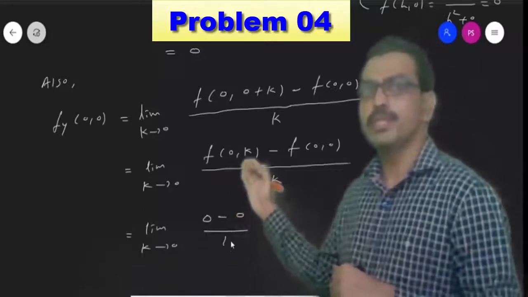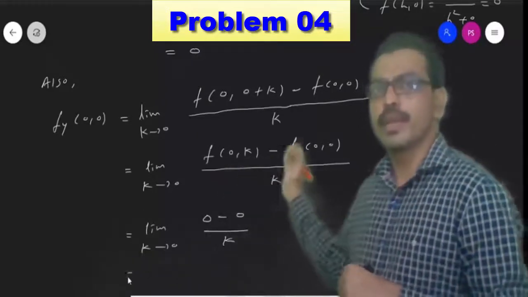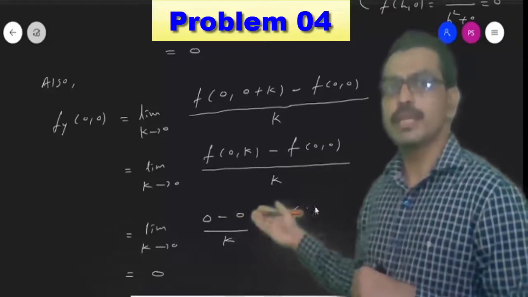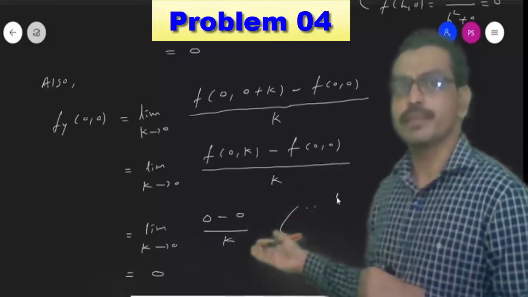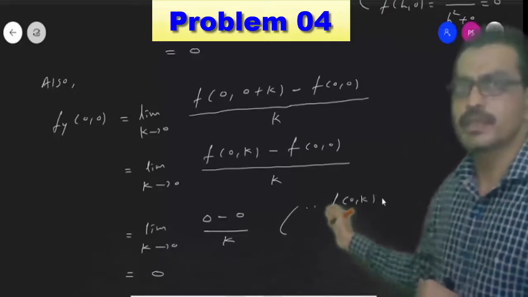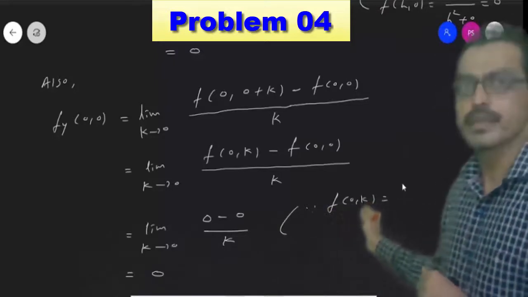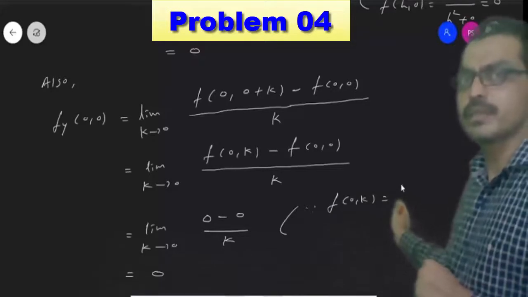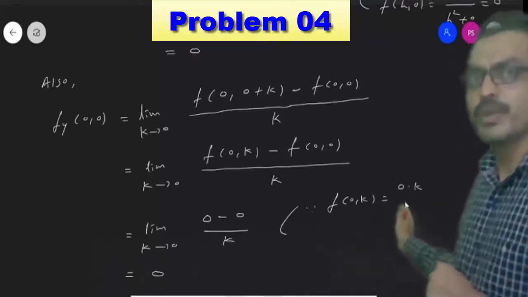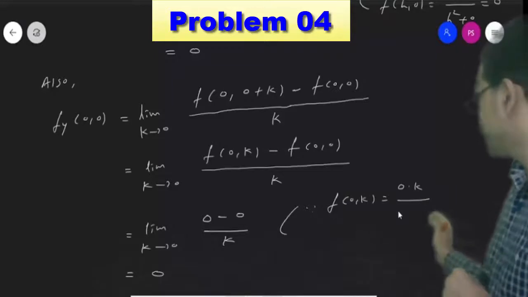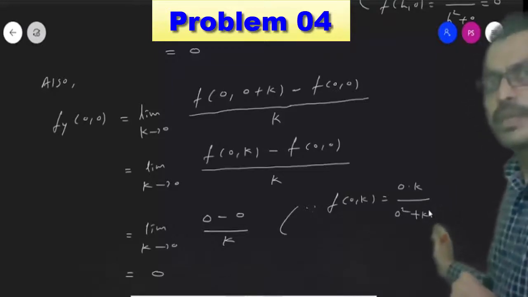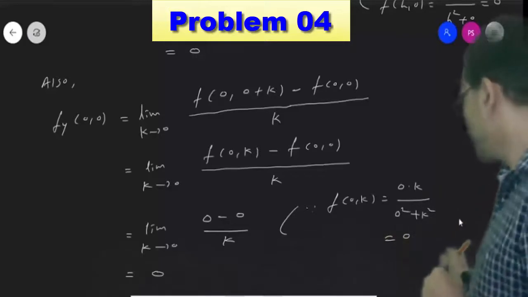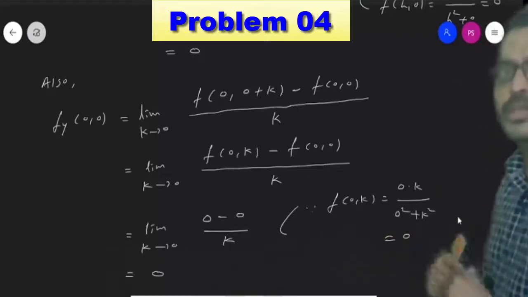The f(0, k) is 0, and f(0, 0) is 0. Therefore, we get 0 minus 0 divided by k. Since the function f(0, k) is equal to 0 times k divided by 0 plus k squared, f(0, k) is equal to 0.